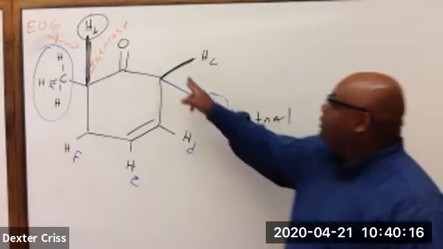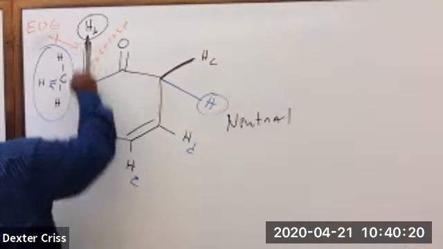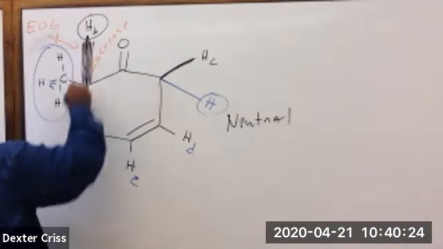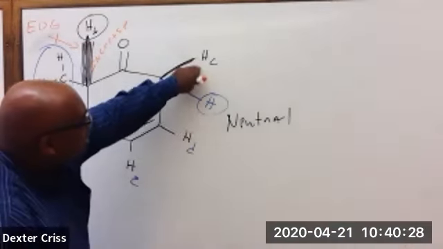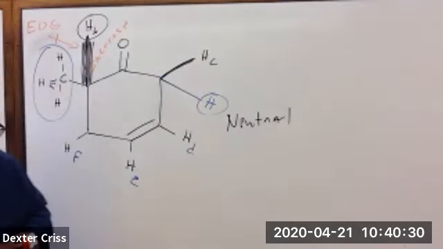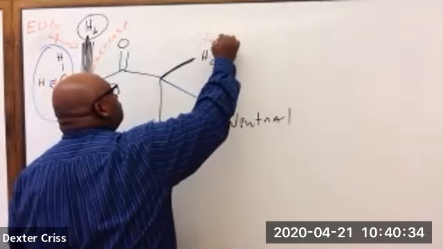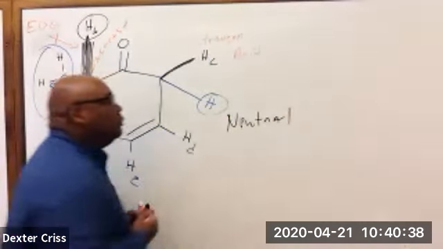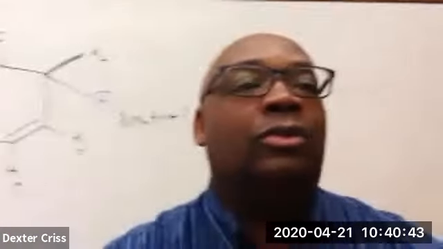But the methyl group actually makes this bond more electron rich, which makes C the stronger acid. That was one example. Now I'm going to swing over here.